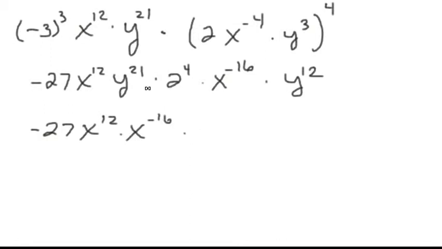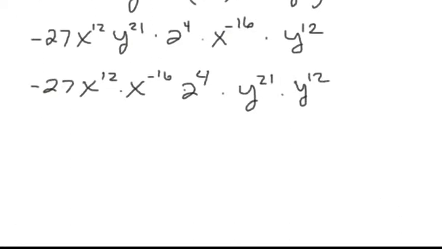We have an x to the negative 17th, so let's pair them up. Now, I should have brought this 2 to the 4th out here, but let me just write it like this for right now. Times, we have a y to the 21st times y to the 12th. I can bring this over, so this becomes negative 27 times 2 to the 4th, is 2 times 2 is 4, so that'd be 16, times x.